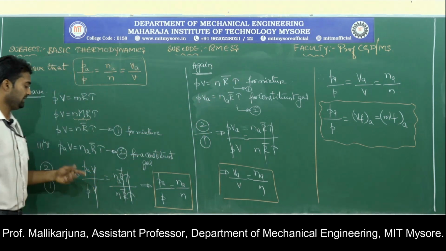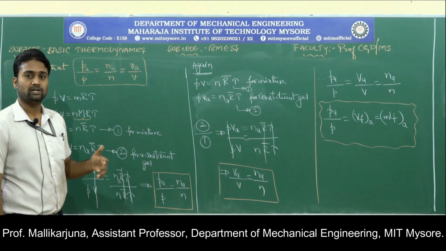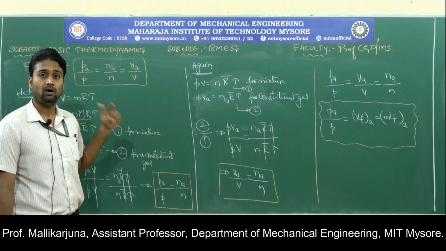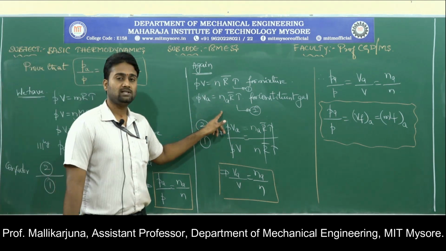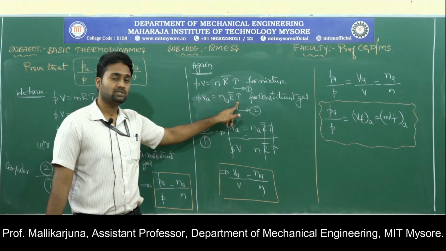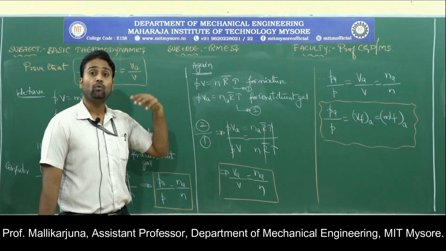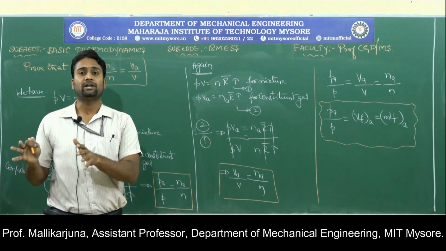Now, in the previous stage, I kept P as a variable, PA, P, and I kept V as constant. There, Dalton's partial pressure law is the law on which I took pressure as the variable. In the second stage, I will keep pressure and temperature as constants, and I will make V the variable. When V becomes the variable, we are dealing with Amagat's law of additive volume.